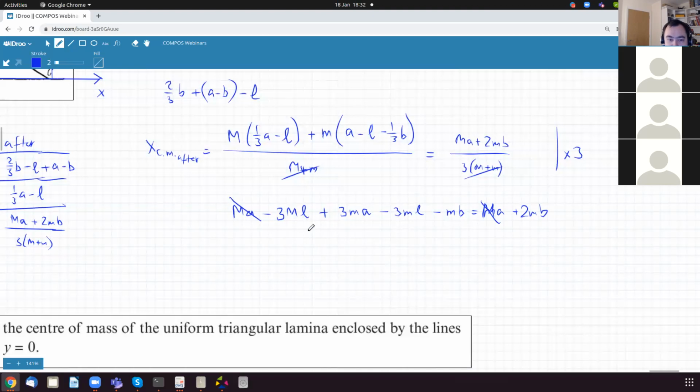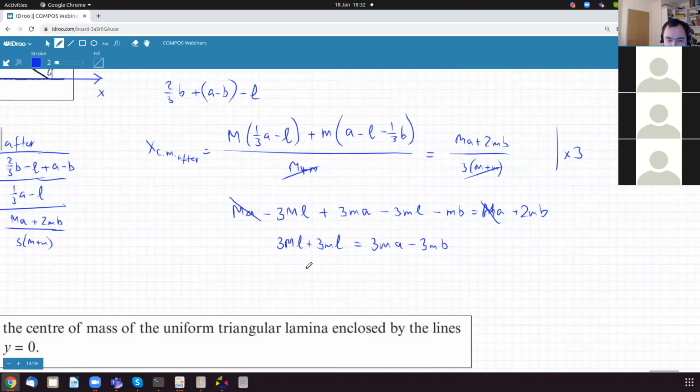But we need to find L, yeah? So 3ML plus 3ML equals 3MA minus 3MB. So I'm just rearranging.